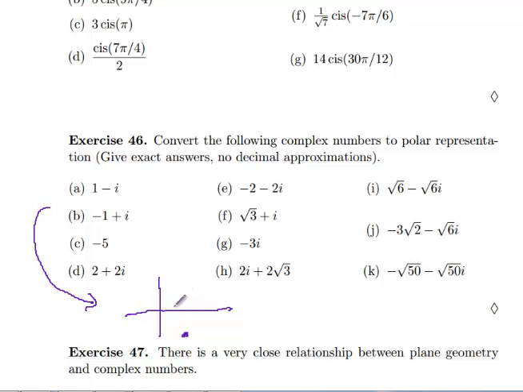So you could draw it this way. So the question is, what is this angle? And that's going to be your theta. And then you also want this distance, that's going to be your r. So you're going to have theta and r. And once you find that, your answer is whatever r you find times cis of whatever theta you find.